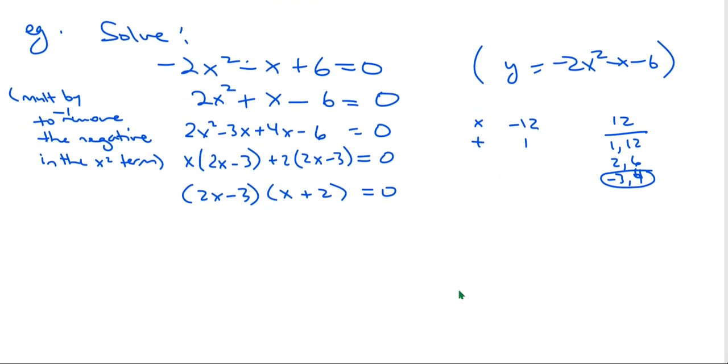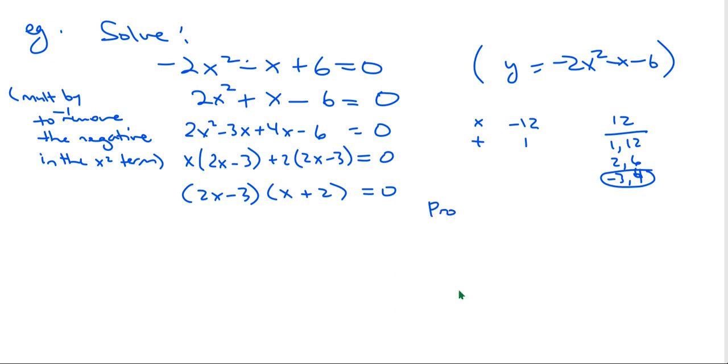I want to make this equation true. So we use what's called the zero product principle. I have here two numbers that multiply to give 0, right? The first bracket times the second bracket gives 0. And anytime you multiply two numbers, the only way to get an answer of 0 is if one of those two numbers is a 0.